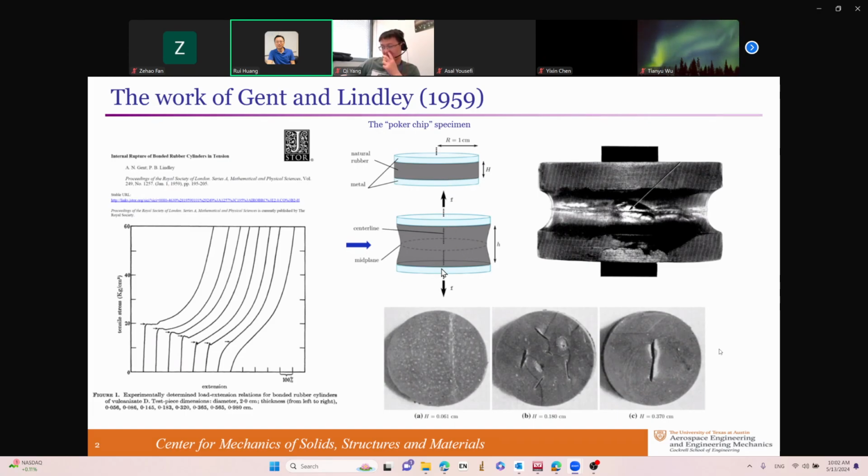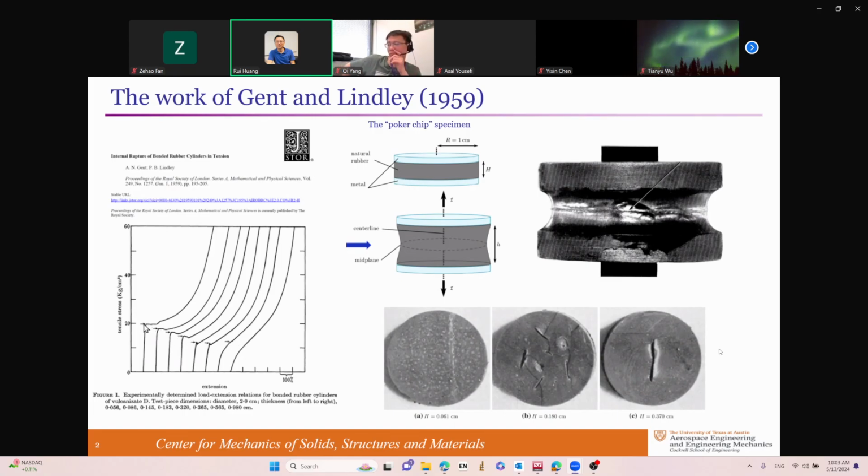The specimen elongates, but the diameter contracts in the midplane, and you form a waist of this kind. Gent found that if you vary the thickness of this layer, you get different responses macroscopically in the force-elongation behavior. And as the thickness of the specimen decreases, you get a stiffer response, and at some critical point, there's an event that happens.